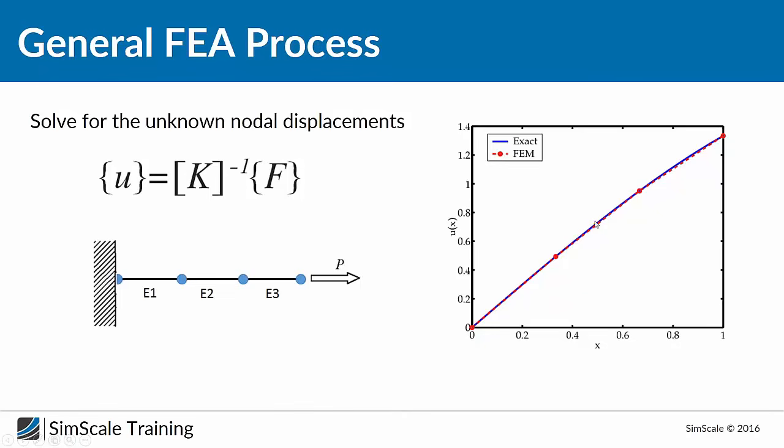And first of all, you should consider we only have a solution for the red points, only for the nodes. But if you take a look, it's basically very accurate. The curves are lying over each other. And this shows in a very simple way the big strength of finite element analysis.